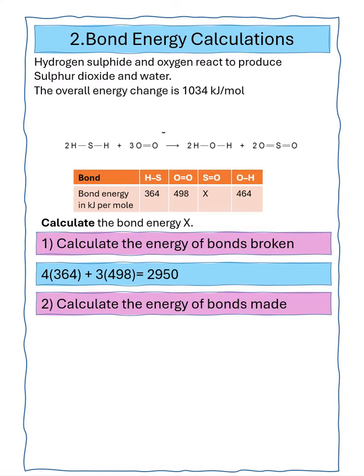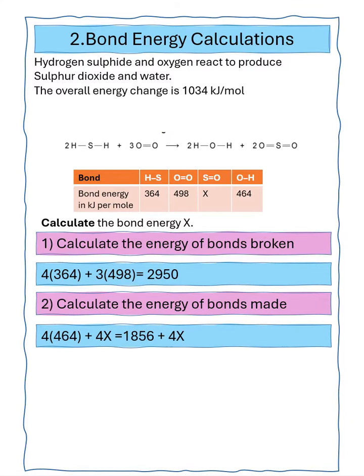We then calculate the amount of energy given out when new bonds are made. So we know we've got 4 lots of oxygen to hydrogen bond at 464. And we've got 4 sulfur to oxygen bonds. Now we don't know the value of those because that's X, so we're just going to say this is 4X.